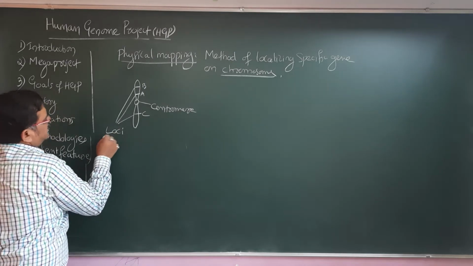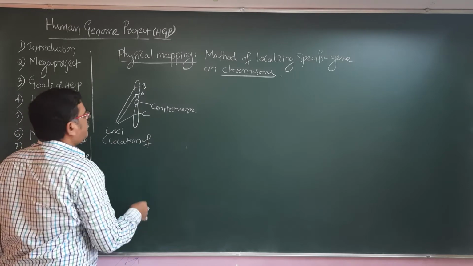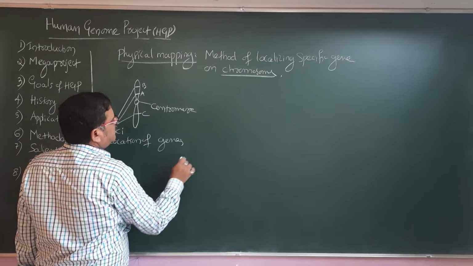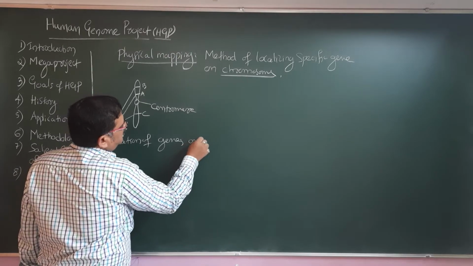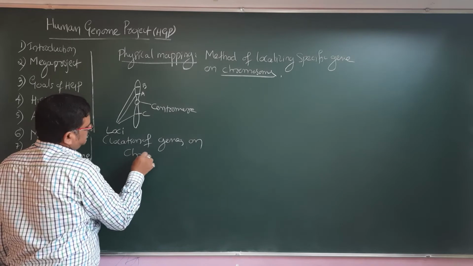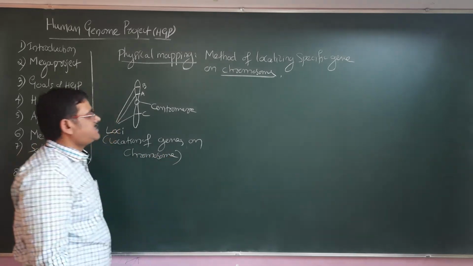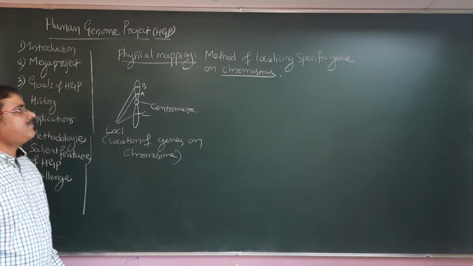Loci means locations of genes; locus is singular, loci is plural. So genes on the chromosome are mapped based on the distance from the centromere. This is what we can say is physical mapping.